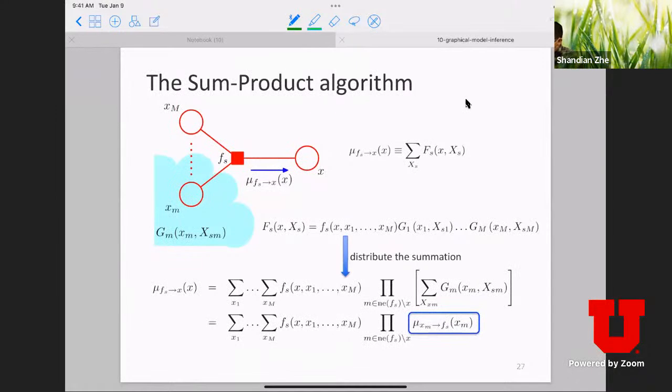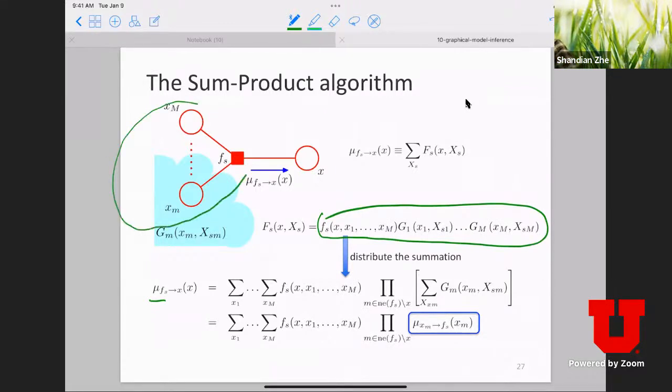So now, if we want to compute the message from f of s to x, we're going to sum over the whole product of the factors inside this big subtree.